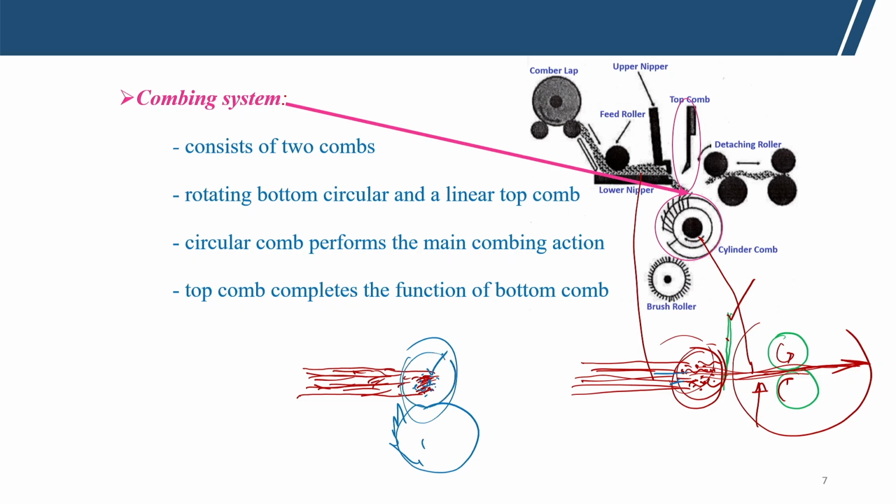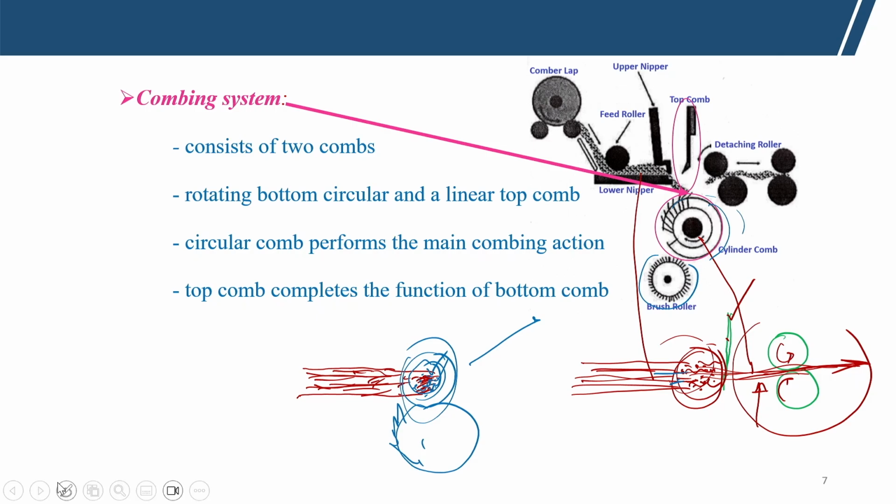So, the cylinder comb will take away all these short fibers in the next cycle, and the short fibers and trash particles at the leading part of the lap are actually removed at the previous cycle. So, this will be taken away and removed by the brush roller.